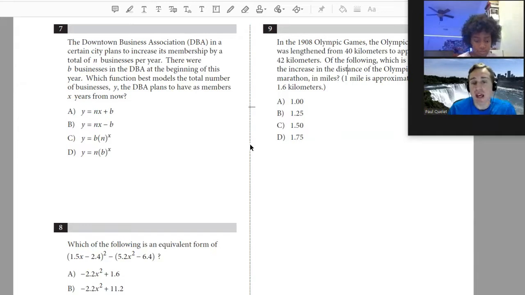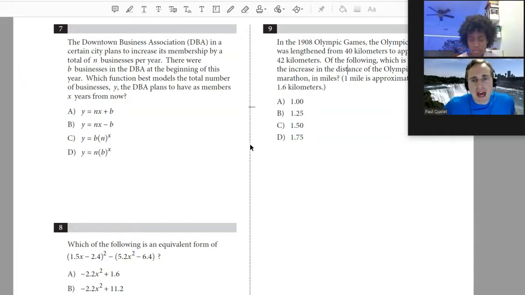Now, that being said, remember it was saying that we're adding n businesses per year? Okay? So the idea is that we add businesses per year. By the way, when you continually add the same number each time, that is a constant, but that's what multiplication is, right?